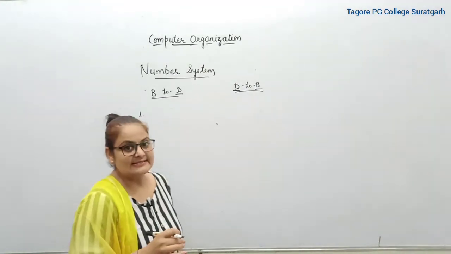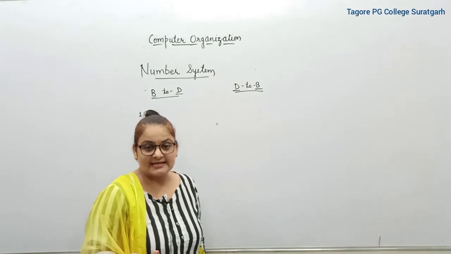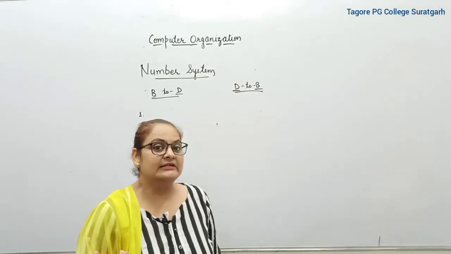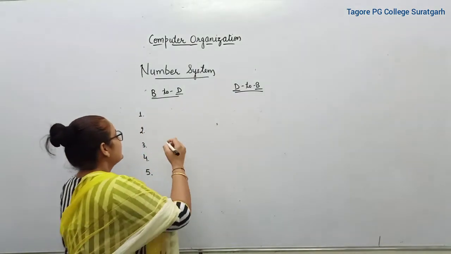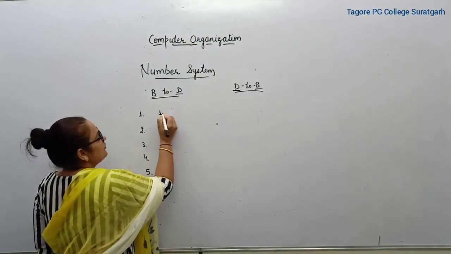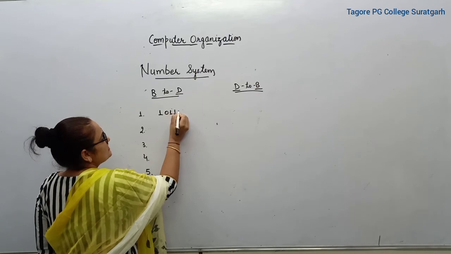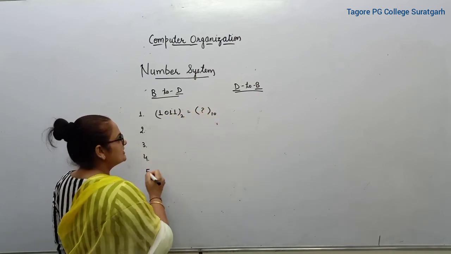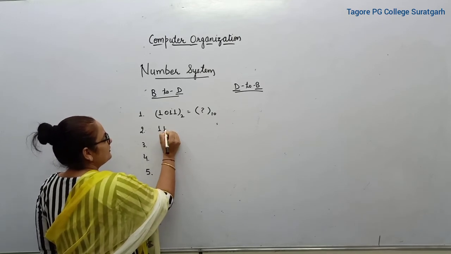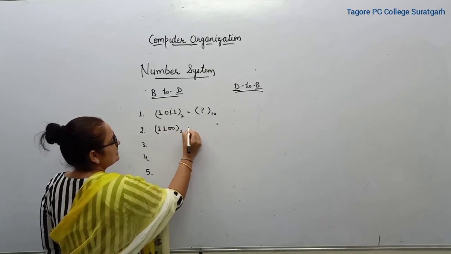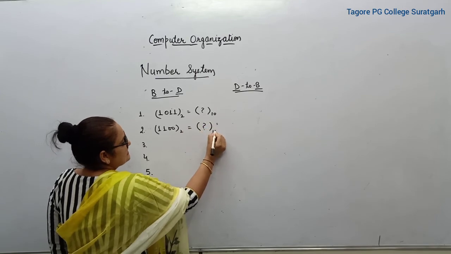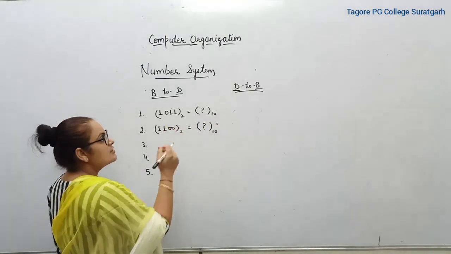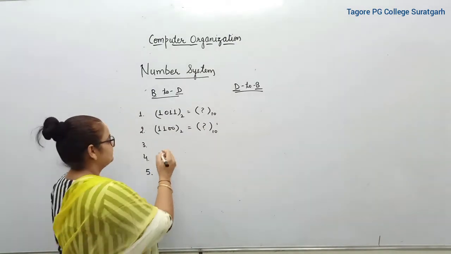Otherwise you will forget the concepts you have studied, and I will also not know whether you have learned properly or not. In the binary section, get these questions. This is the binary form, and here you have to convert it to decimal. Just get these questions done and check your results by doing the reverse conversion.